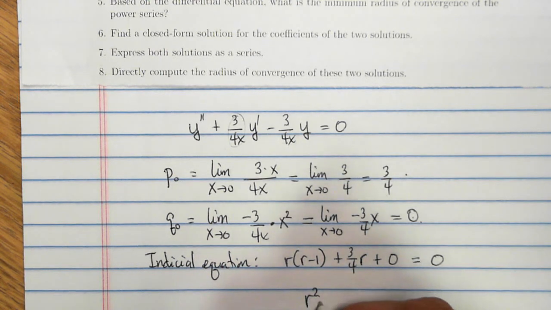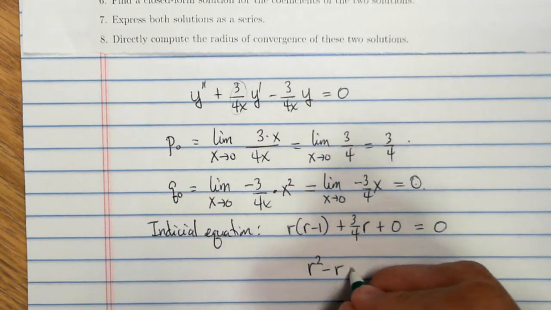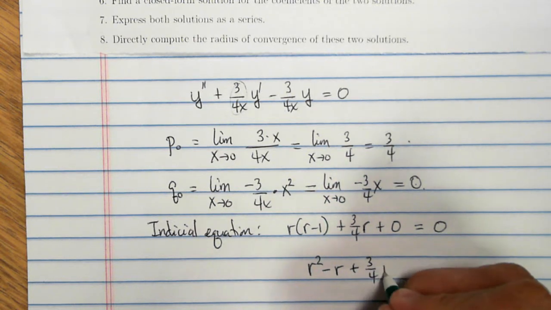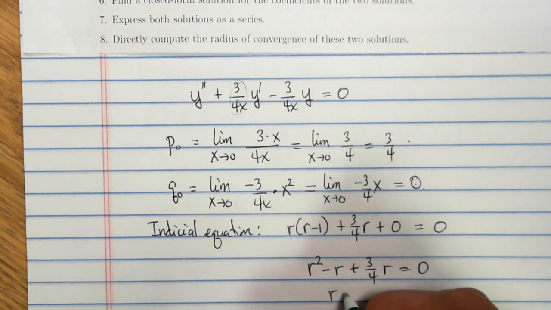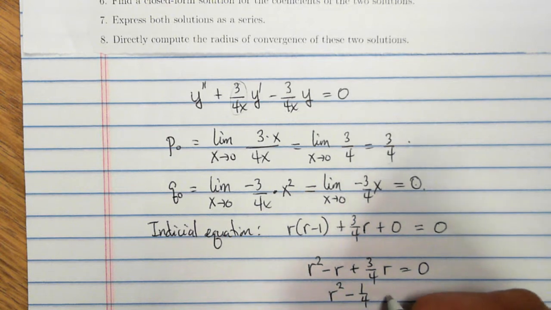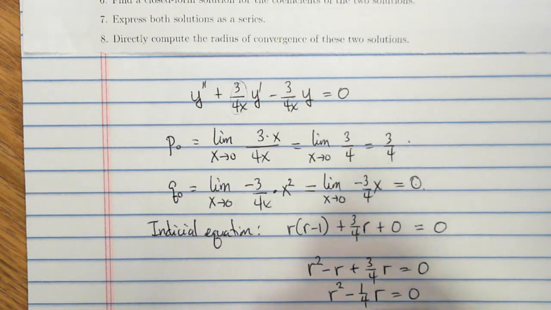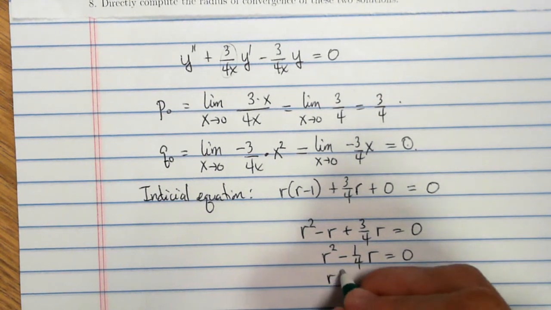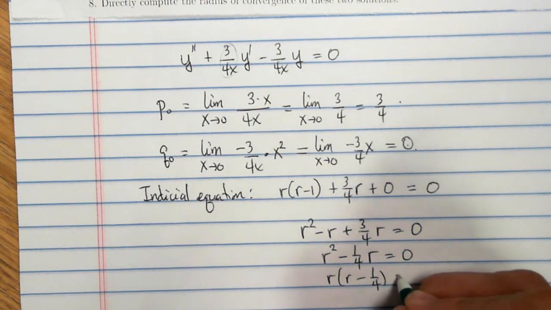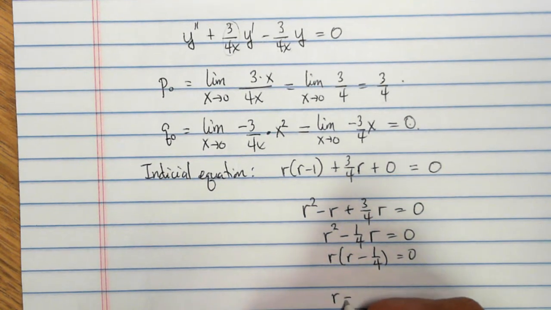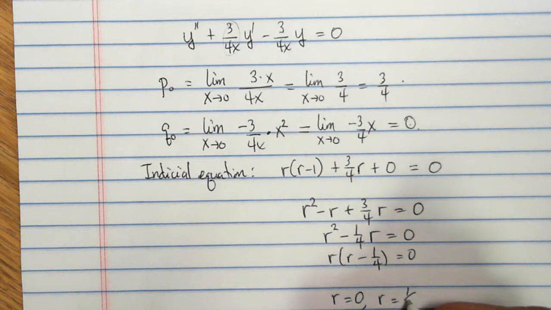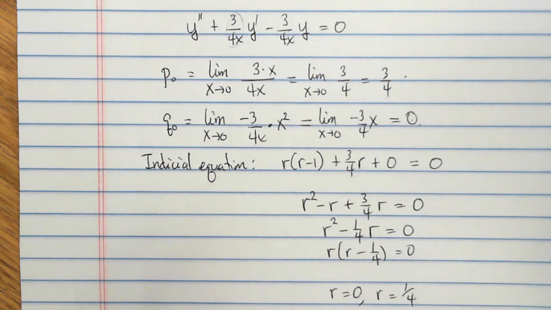That gives r squared minus r plus 3/4 r equals 0, so r squared minus 1/4 r equals 0. And so r times r minus 1/4 equals 0. I get my two solutions of the indicial equation, r equals 0 and r equals 1/4.